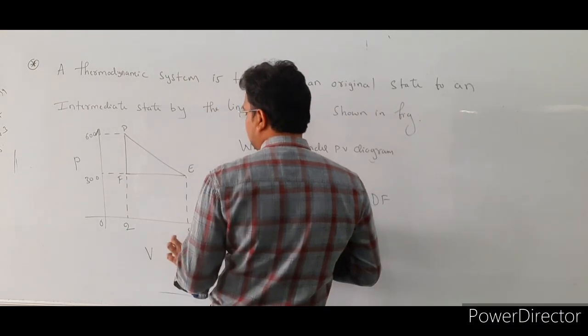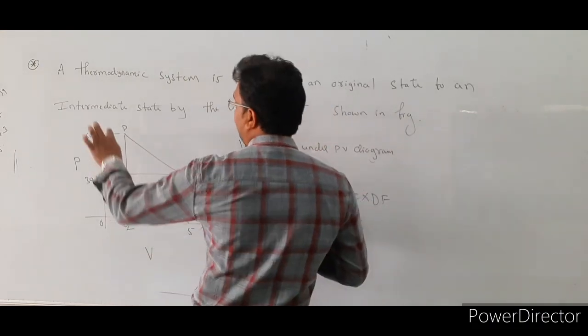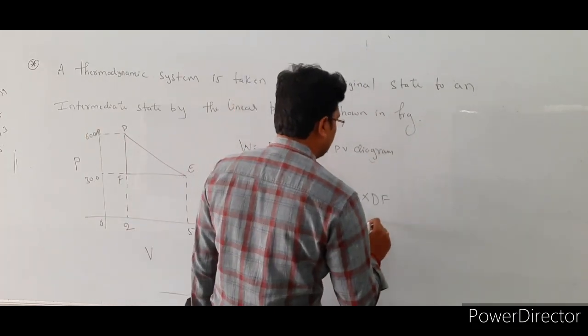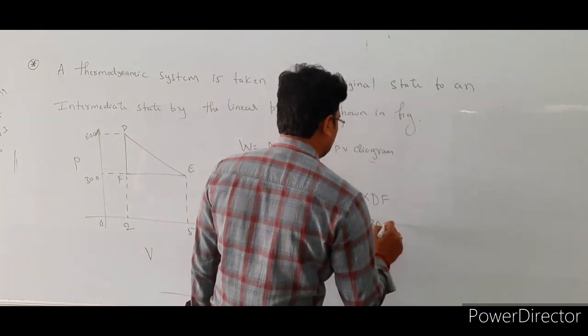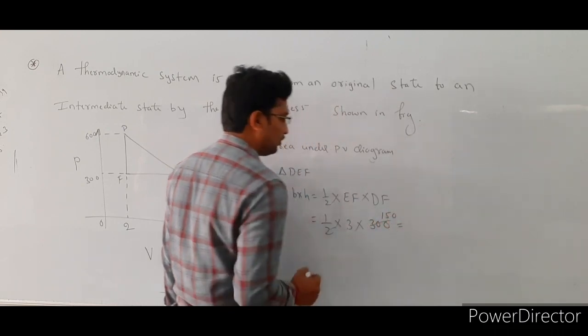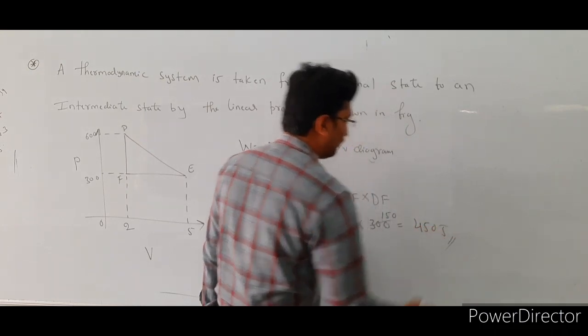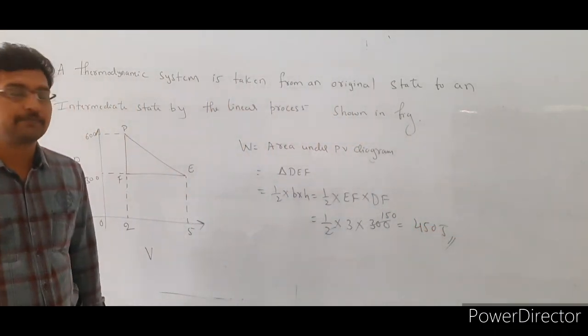EF value, this is 5, this is 2, 5 minus 2 is 3. DF value 600 minus 300 means 300. Two ones are 2, 150, this is equal to 450 joules.